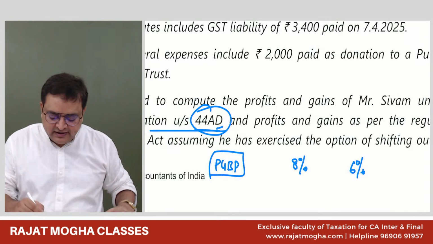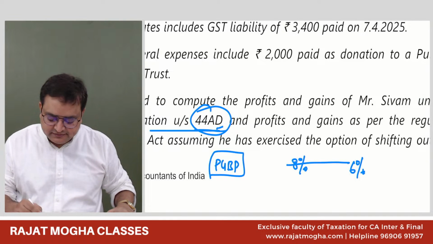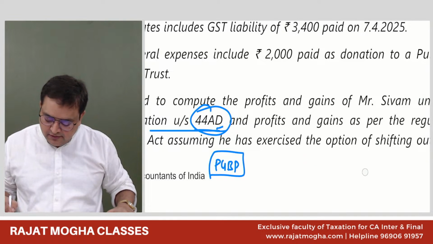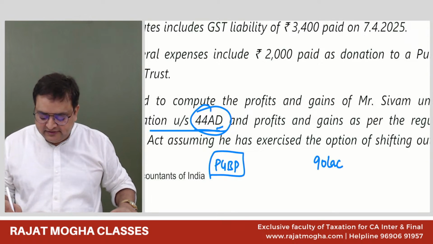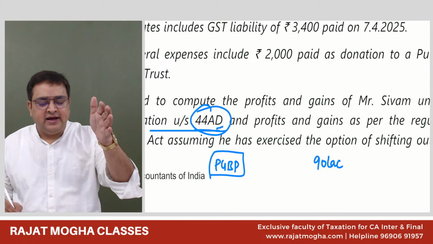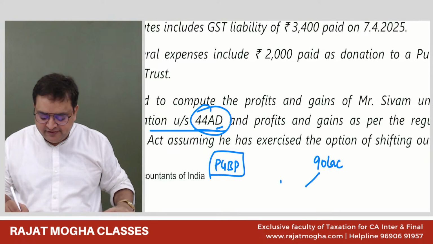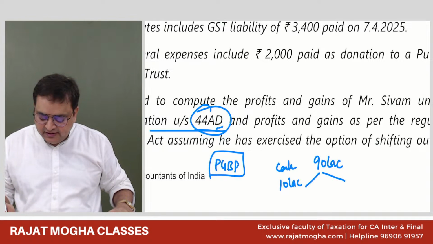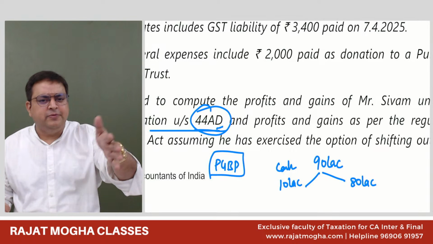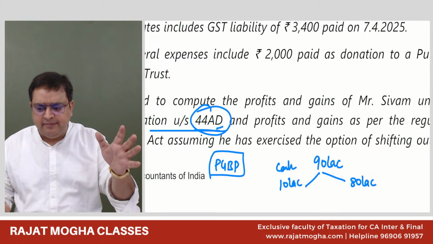Let's say, for example, somebody's turnover is 90 lakh rupees, and out of this 90 lakh, he has received 10 lakh rupees in cash and 80 lakh rupees through banking mode, through account payee cheque, UPI, net banking, etc.